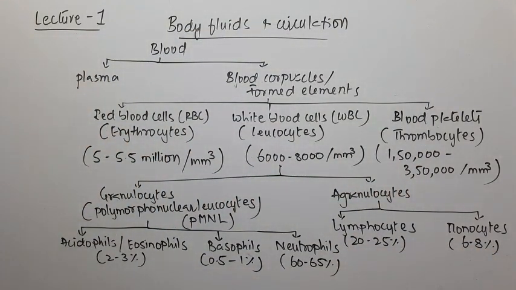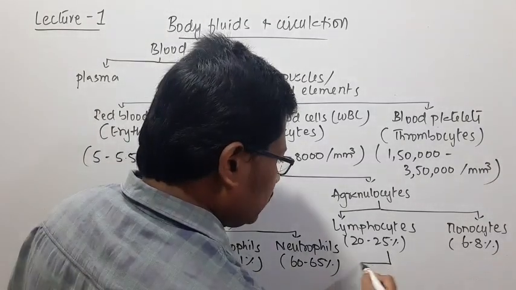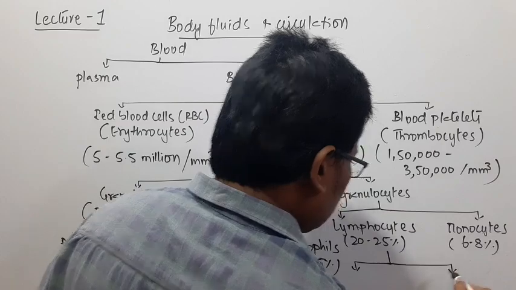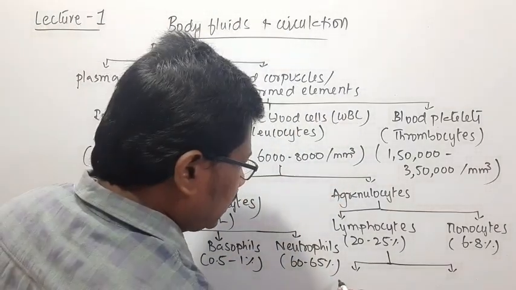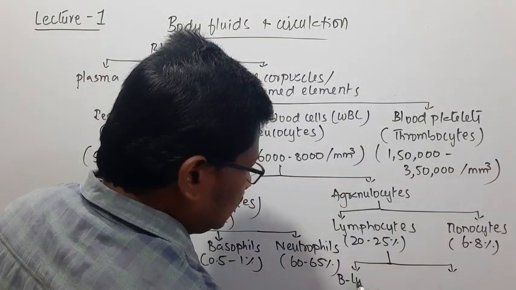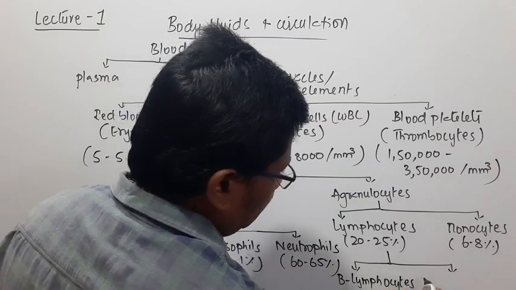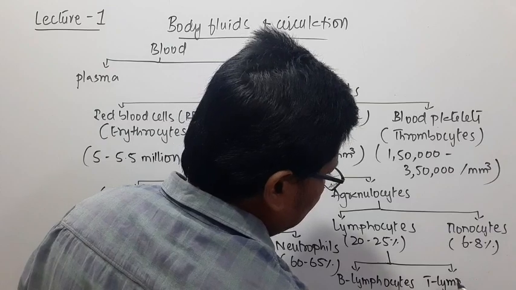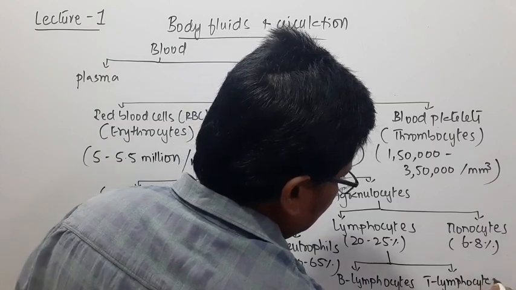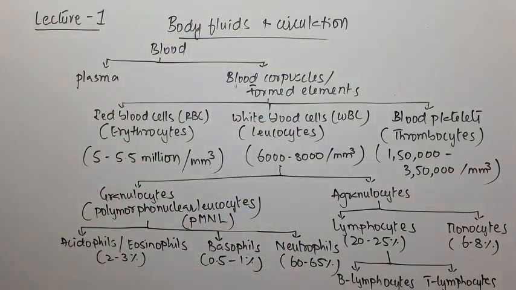Then these lymphocytes are again further of two types: the B lymphocytes and T lymphocytes.